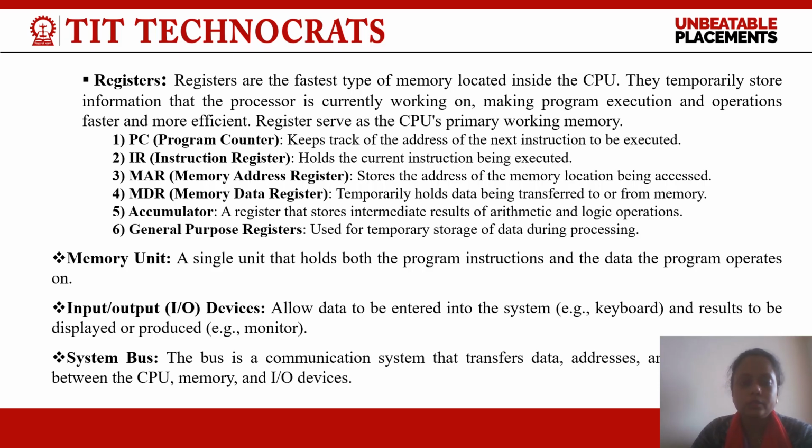The memory address register stores the address in memory for the next read or write operation. The accumulator is a common general-purpose register that frequently stores the intermediate or final result of the ALU. And the general-purpose register is used for temporary storage of data during processing.